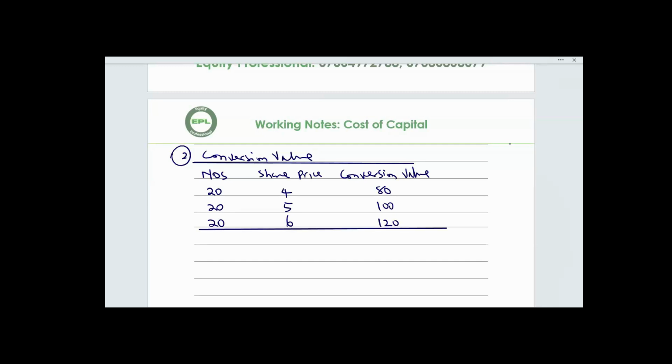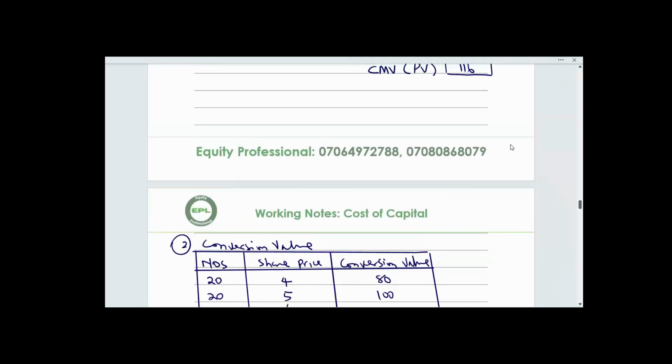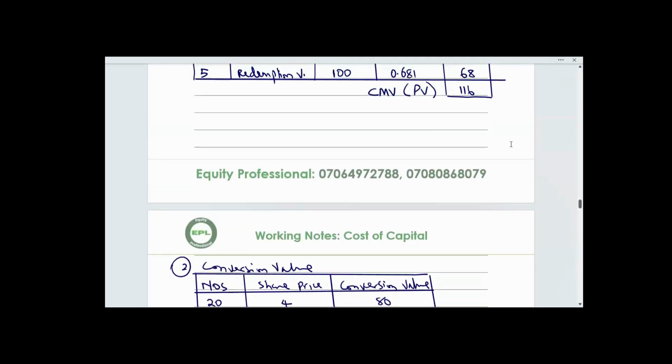The examiner is now asking, should the investor convert at 4 naira, 5 naira, or at 6 naira? Based on your calculation, you'll be able to decide. At a share price of 4 naira, the conversion value of 80 naira is below the current market price of 116.